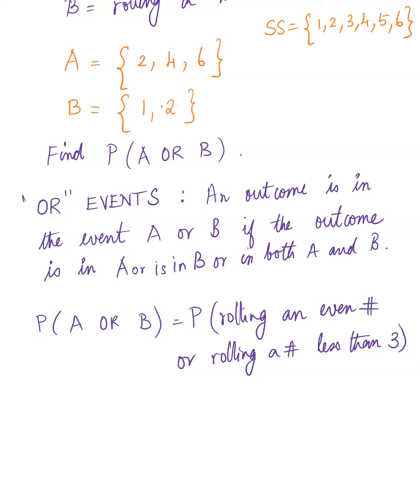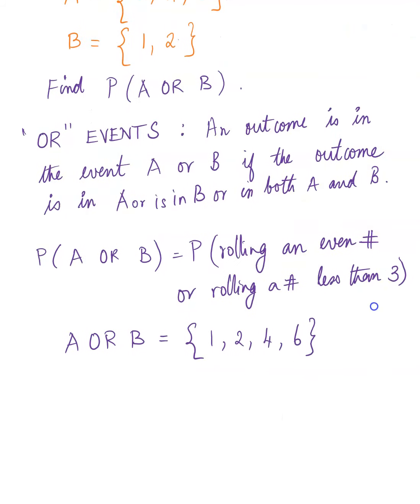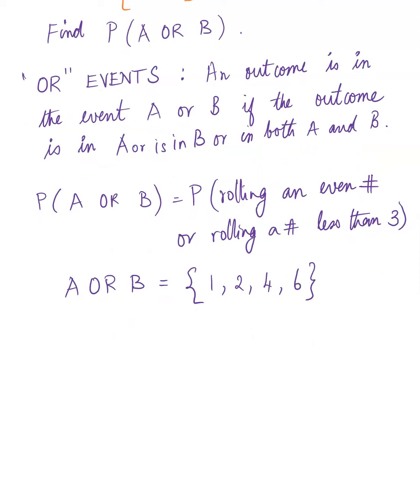If you look at A or B, the outcomes for A or B would be all of A and all of B. So I have 1, 2, 4, and 6. It doesn't make sense to repeat the 2s, just because it appears in A and B. But you know that it's all of A and all of B that will become part of the possible outcomes, or the desired outcomes, for A or B. Okay, then I will just write a quick note here.